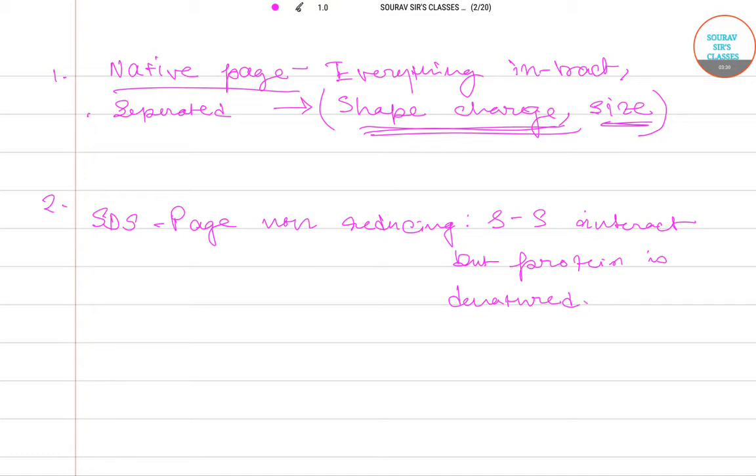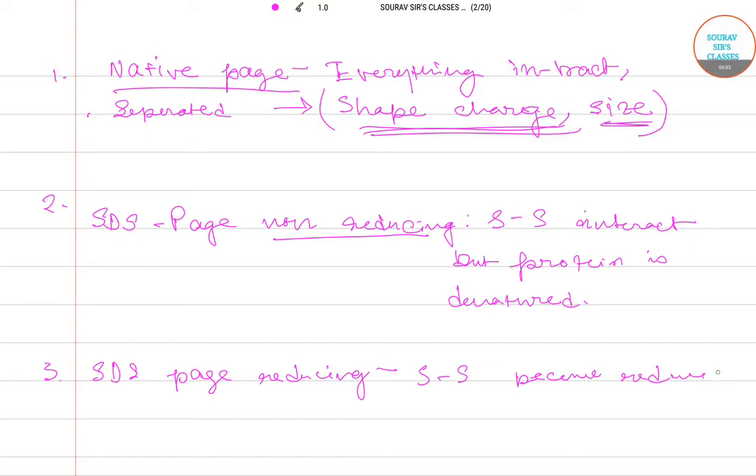And now what is reducing SDS PAGE? That was non-reducing. In reducing SDS PAGE, the disulfide bridges become reduced, but the protein is still denatured.